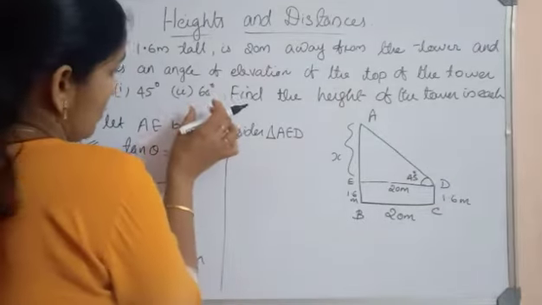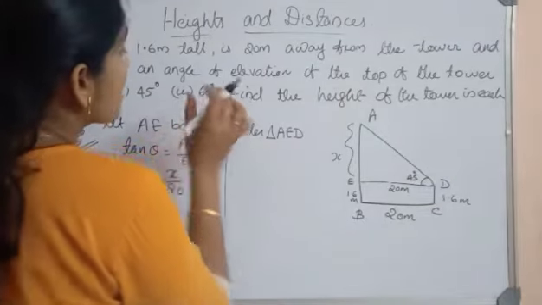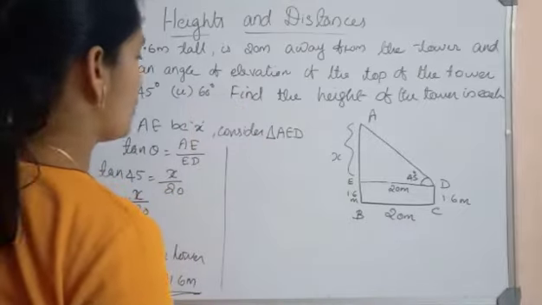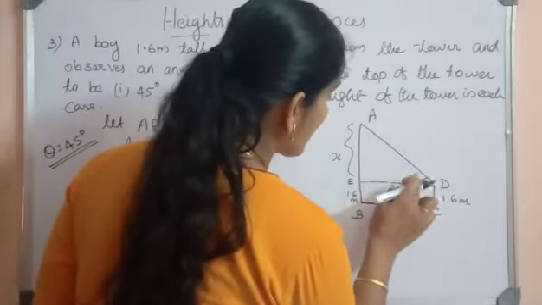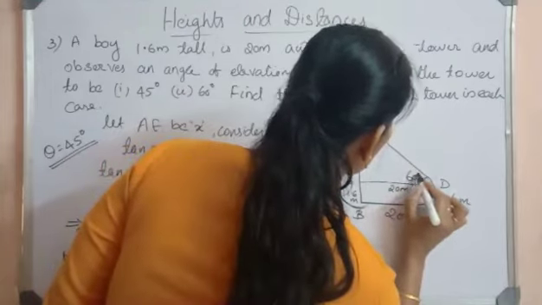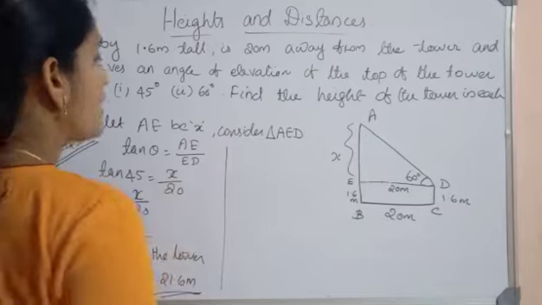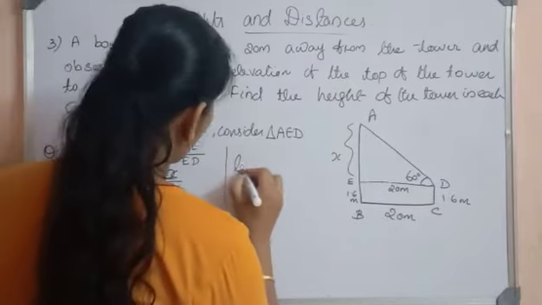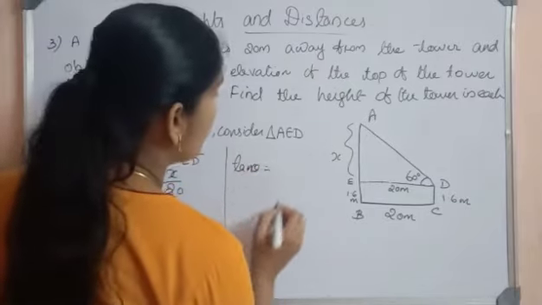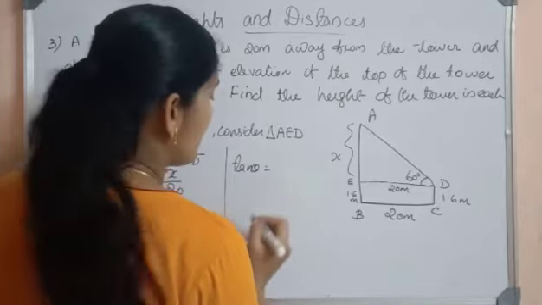Now in the second part, when the angle of elevation is 60 degrees, what happens to the height of the tower? So this we can change as 60. This becomes 60 degrees. Remaining all the steps are the same as we completed in the first part. The same way, let's write tan theta is equal to AE by ED.